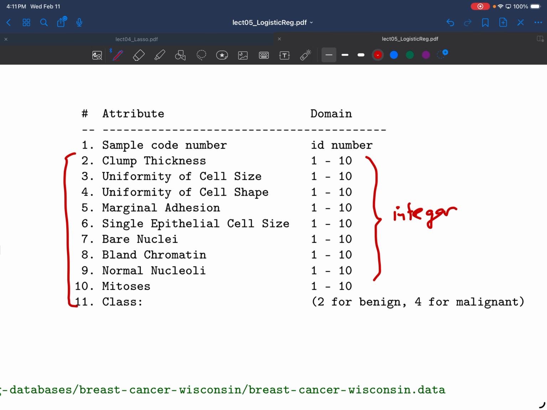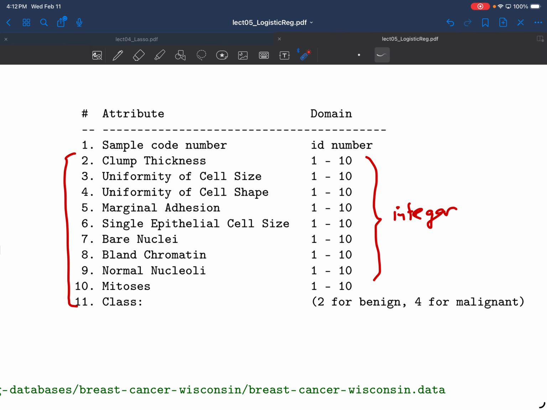So let me ask, is Yang Shen here? Are these ordinal or categorical? Remember, the difference is when things are ordinal, they're ordered.